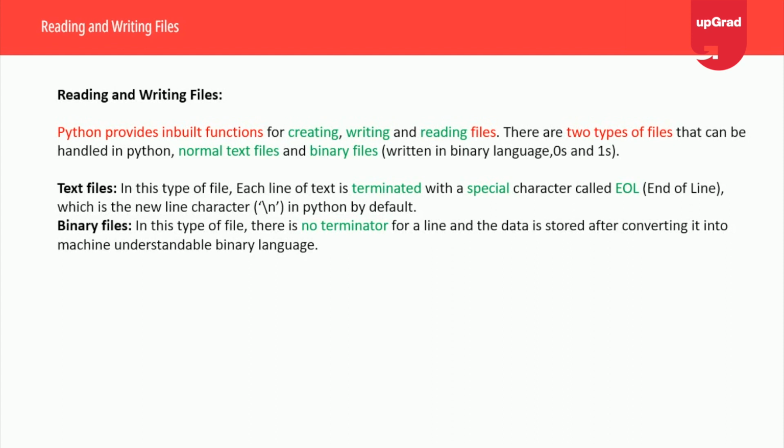Let us start with our new topic, and that is reading and writing files. Reading and writing files is an important aspect of Python programming or any other programming because it gives you the ability to save your data permanently. In order to understand why we need file handling, let us understand it the alternate way.